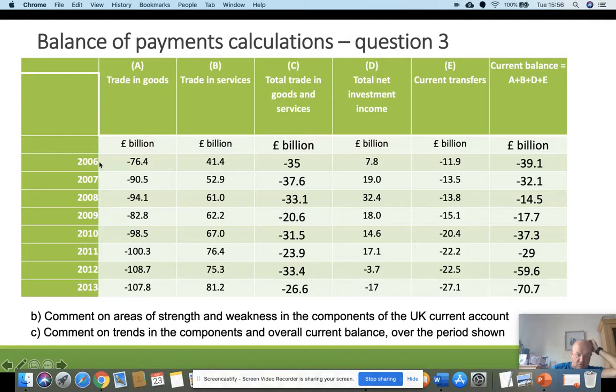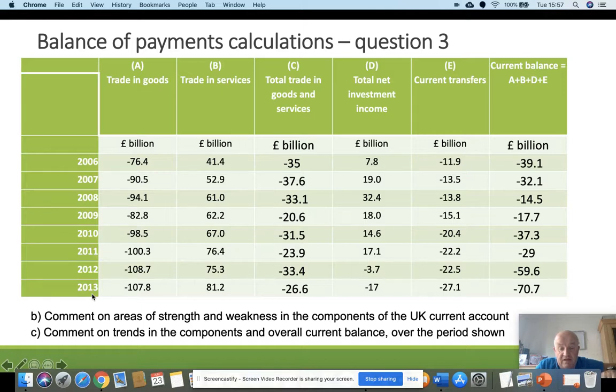And on that basis, from 2006 right the way through 2013, we are significantly importing more goods than we are exporting. Okay. But trading services is a very different situation. You can see that our trading services has gone up significantly, it's almost doubled between 2006 and 2013.